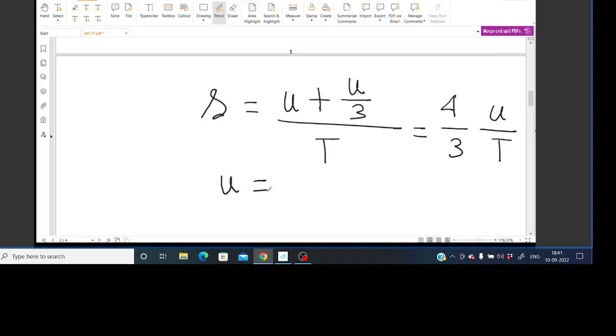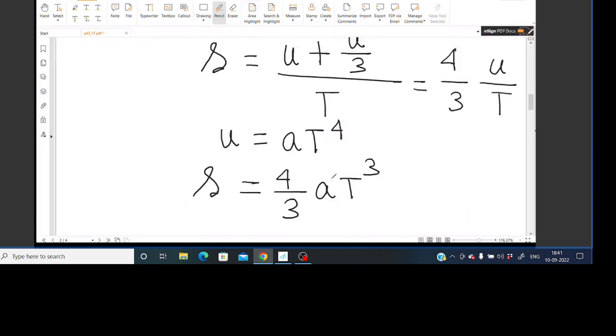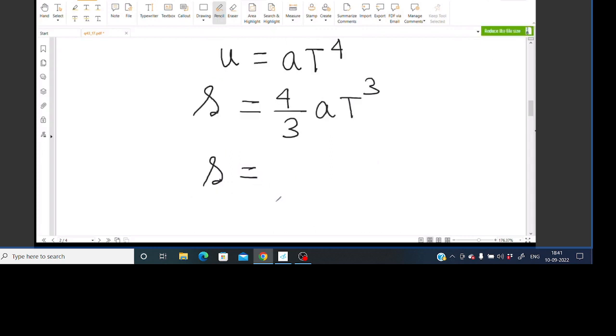Here small u equal to A T to the power 4. Replacing u by A T to the power 4 in this expression, we get the entropy per unit volume is equal to 4 by 3 A T cube. In this question, it has been given that the entropy per unit volume is equal to alpha into A into T cube.